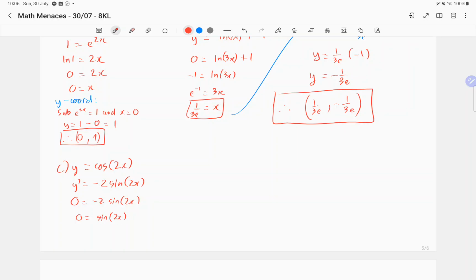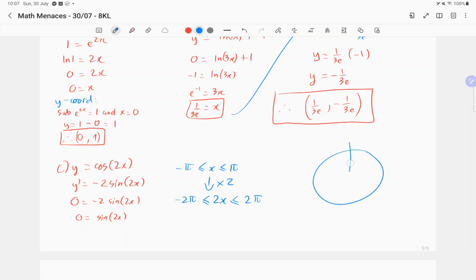Oh, but it's a negative domain as well. Yes, that's right. How do you do the negative ones? It's just the negative of the positive version. That's the easiest way to think about it.